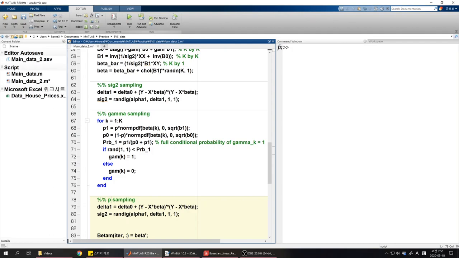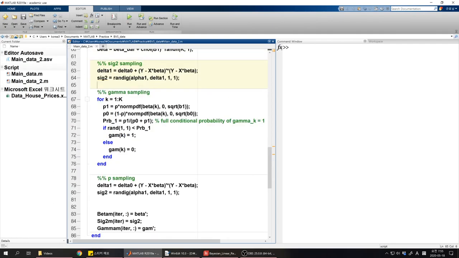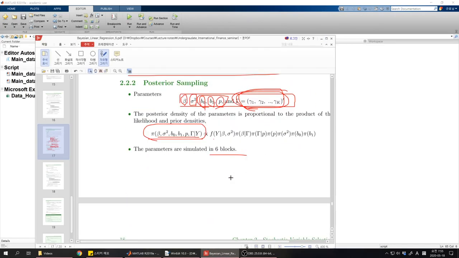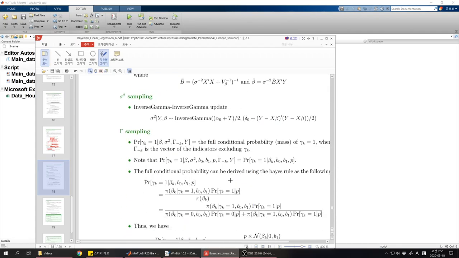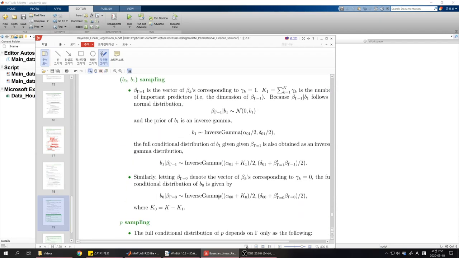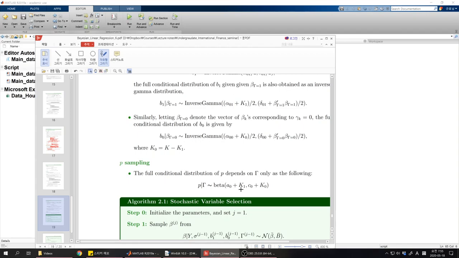P sampling. In P sampling, what do we need? We need K0 and K1. K0 is the number of zero gamma k's, and K1 is the number of one gamma k's.